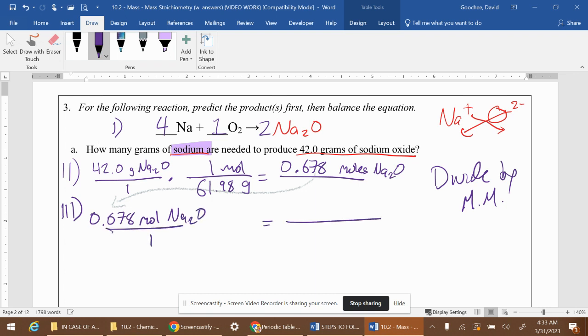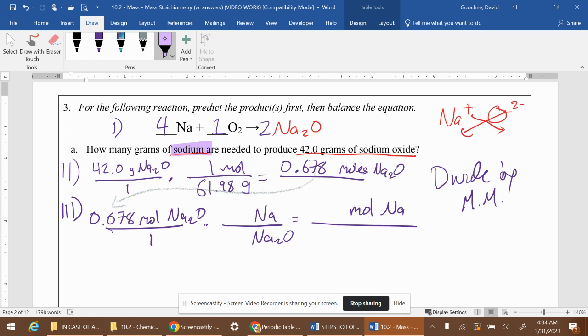And we want to figure out how many moles of sodium is that going to require. So we got to get out of sodium oxide and into just plain sodium.